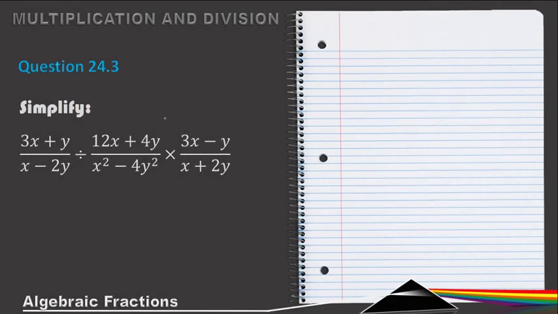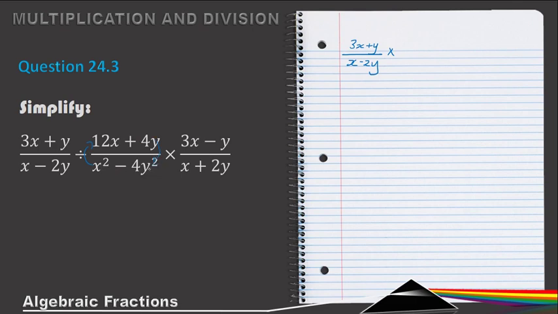For question 24.3, once again, the first step is to factorize, and here we have a division. So these two need to be swapped around. First one, 3x plus y over x minus 2y. Neither of those can be factored, and then multiply. Now in one step I'm going to factor and take this one up and this one down.